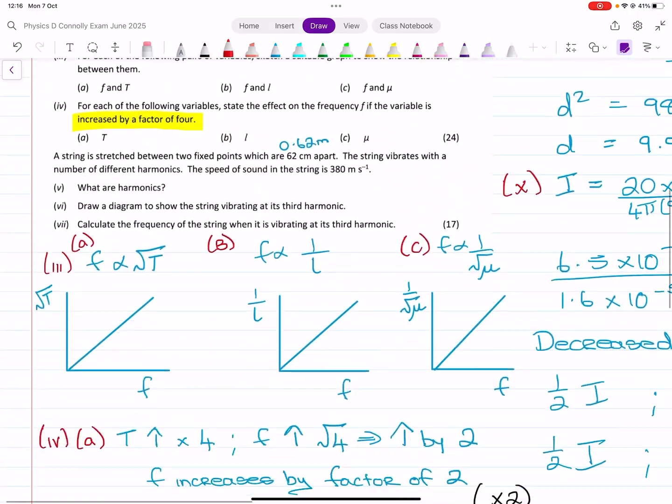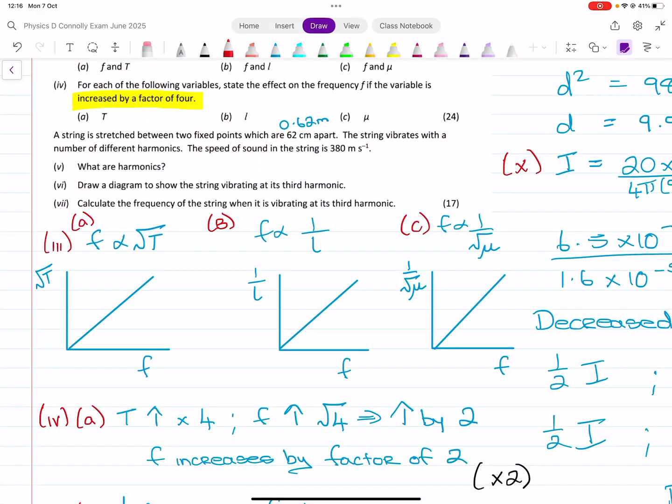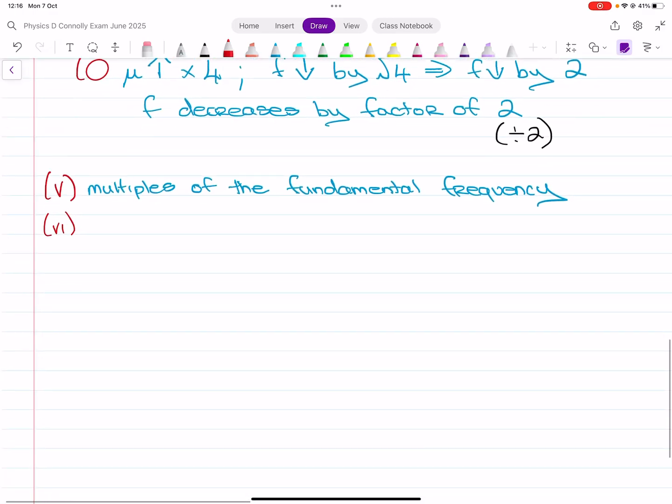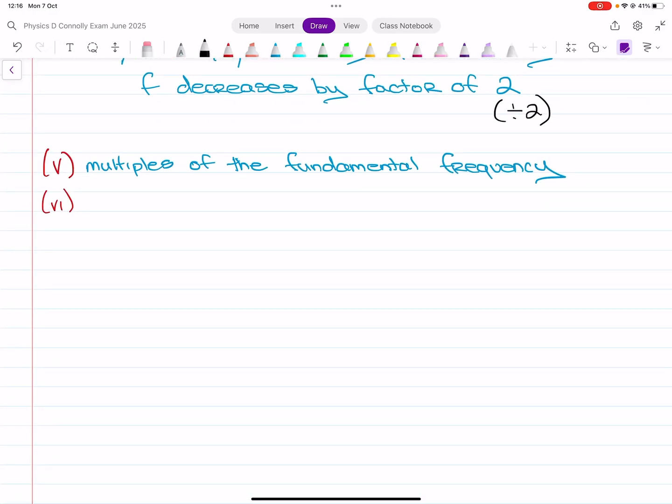Okay, part 6. Draw the diagram to show the string vibrating at its third harmonic. I'm just going to do them all. So this is the first: 2 nodes, 1 antinode.